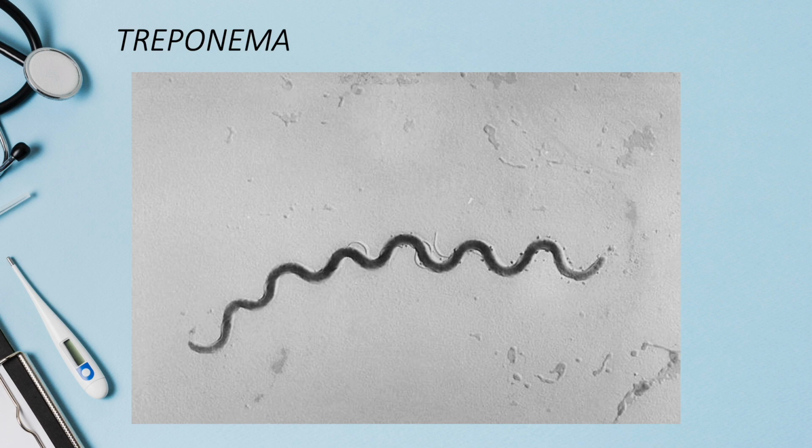If you have 37, 37.2, 37.5, it is not fever, it's subfebrile temperature. But if we have a bloodstream infection and relapsing fever and Lyme disease, it is specifically a bloodstream infection. That means the pathogen is multiplying in the blood.